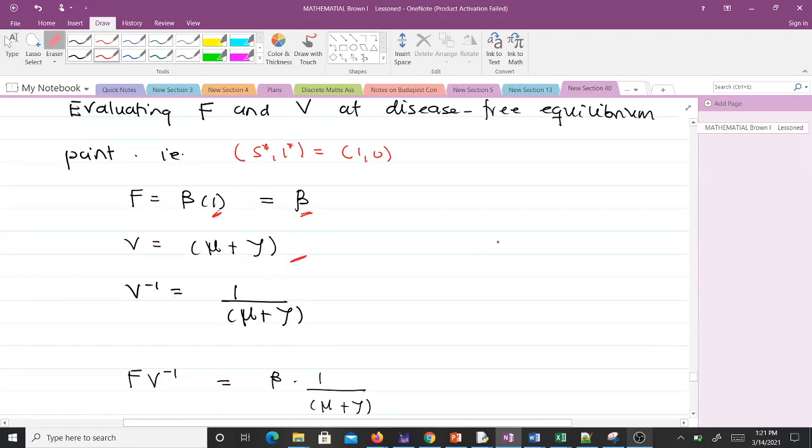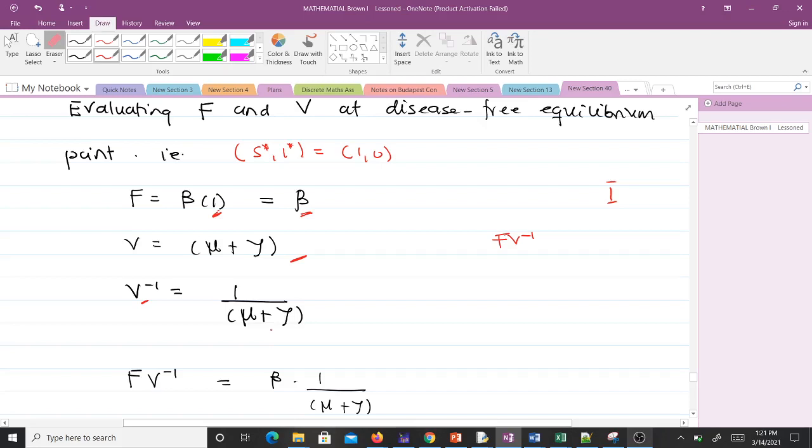So now we are looking for F V inverse, right? Since we had just one dependent variable I, we are not having a matrix in this case. So we have F and we have V. That means we can find the inverse of V, which is the reciprocal of V, that is 1 over mu plus gamma.